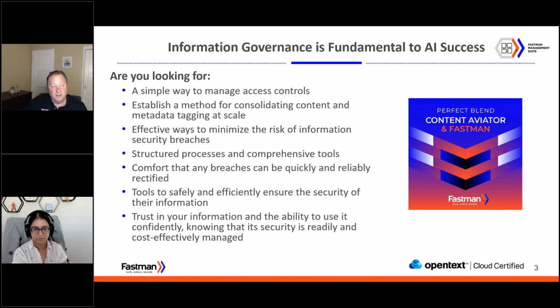Or maybe more relevant to today's presentation, establishing a method for consolidating your content and metadata tagging at scale. But also greater comfort that any breaches can quickly and reliably be rectified. At Fastman, OpenText and our customers, we really are hyper focused on this area. Together we're pleased to be sharing these best practices today, and our intent is to dive deep into these tools with some live demonstrations shortly.